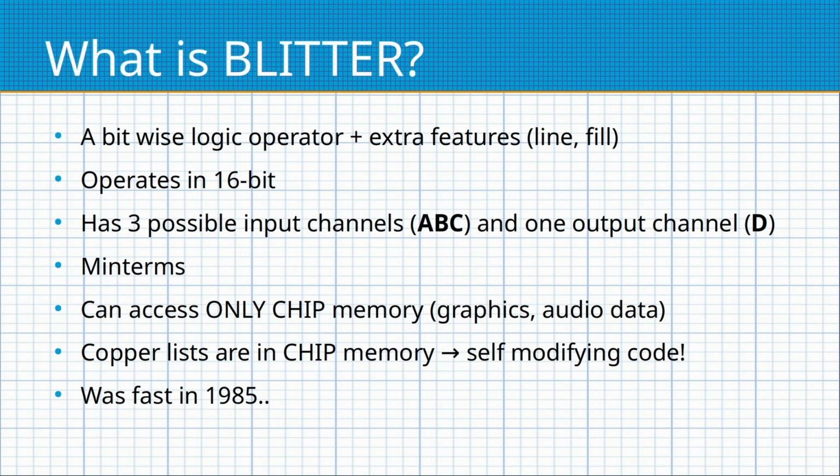And it's also operating in 16 bits. It has this modulo so that you can define, like, let's take 10 words and then skip another 10. And this gives you possibility to manipulate different kind of data sequences. You can also, well, the maximum values are something like 1024. I think that's the maximum height, for example.